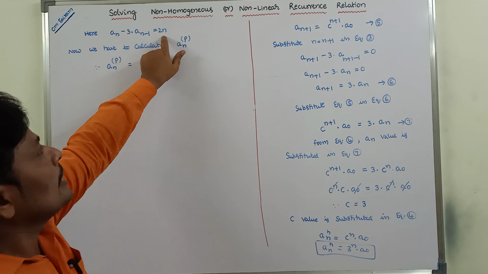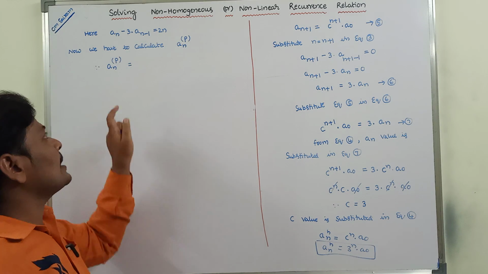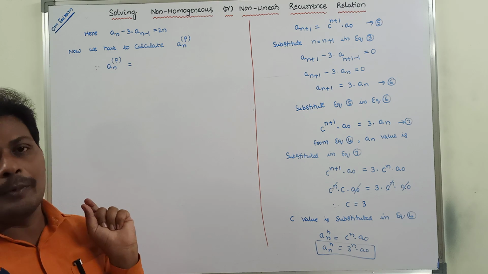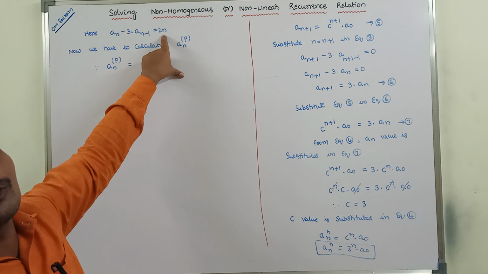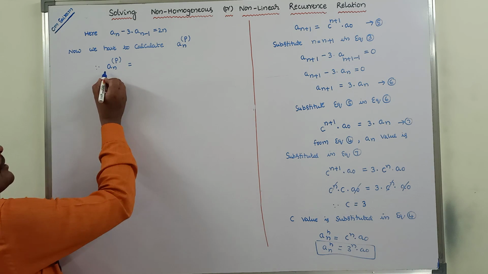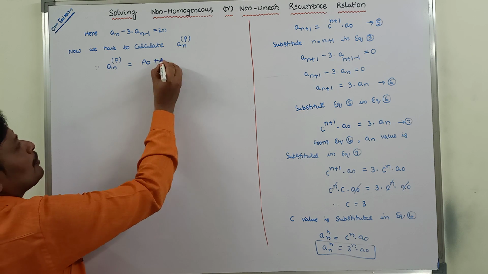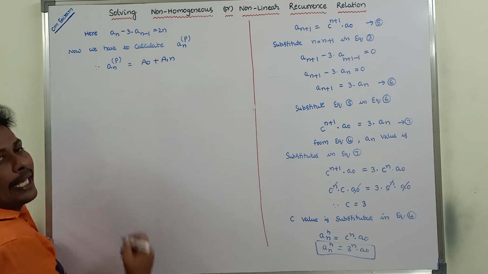Whenever this part contains only constant, a suffix n power p is equal to a naught. Okay, if this part is in the form of 2 into n, or constant into n, then a suffix n power p can be written as a naught plus a1 into n.